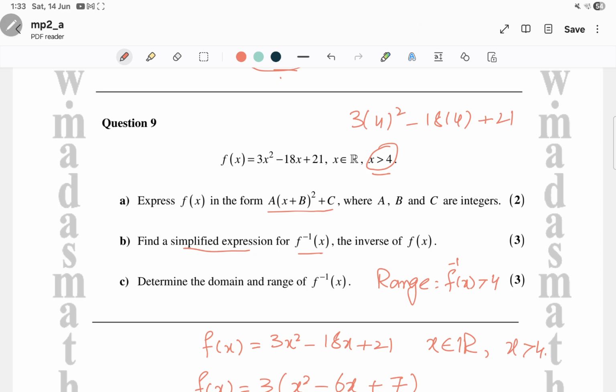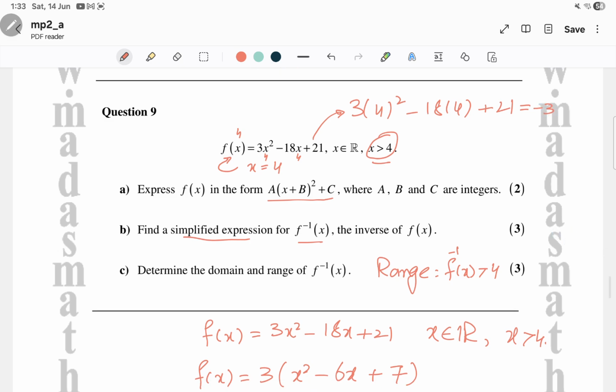Since the domain of f of x is x greater than 4, if you put x equals 4 into this function, when you replace your x with 4 over here and work it out, it will be minus 3. So that means f of x should be greater than minus 3, which is the range of f of x.